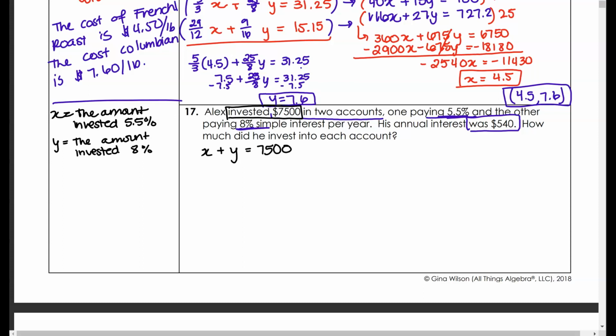Now we know that interest-wise, X had an interest of 5.5%.